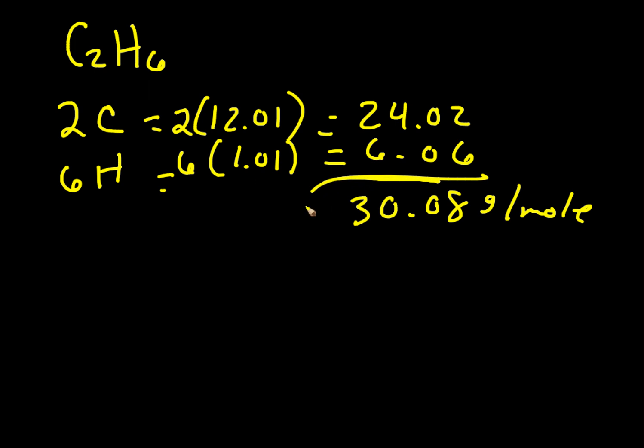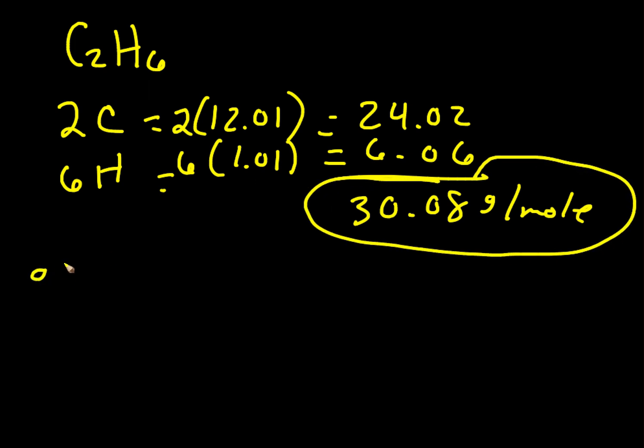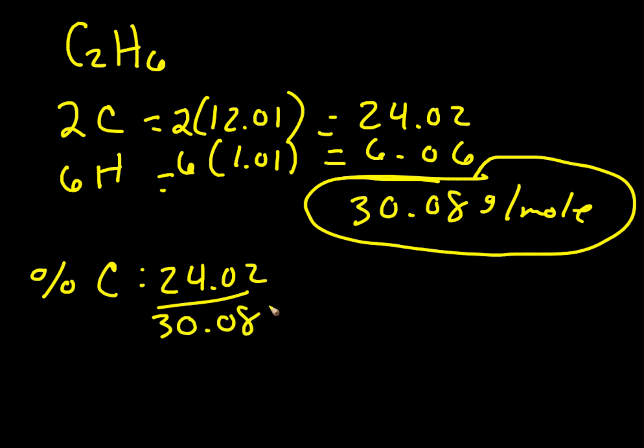So that's our whole. But we also figured out both of our parts here. So our percent composition of carbon would be 24.02 all over 30.08 times 100%. So we'd have 24.02 divided by 30.08 times 100%. And we will get 79.85%.